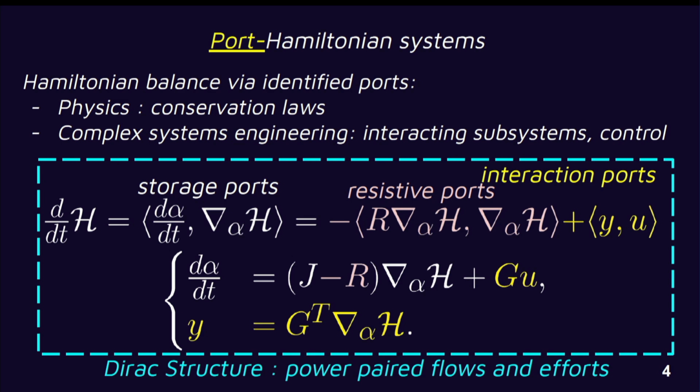You have the matrix R to model resistive processes, dissipation, and you can also take into account interactions with other systems through a control U and an observation port Y. So it's very useful to couple different systems to make them interact and to control them.